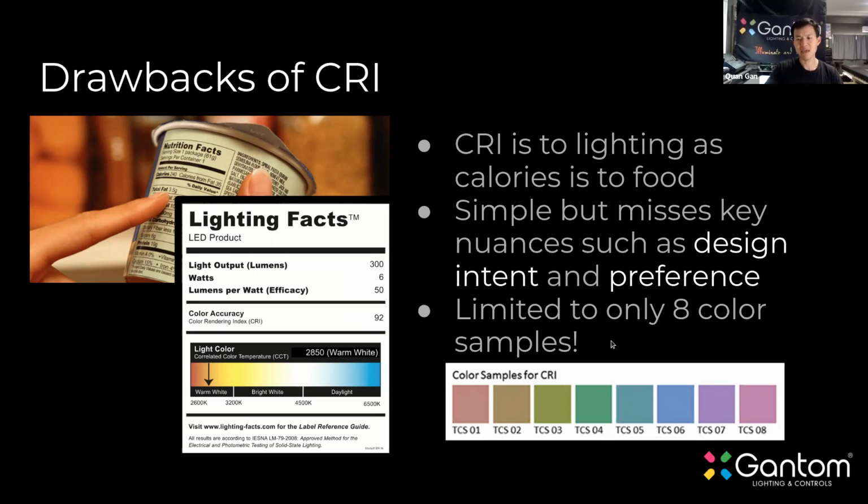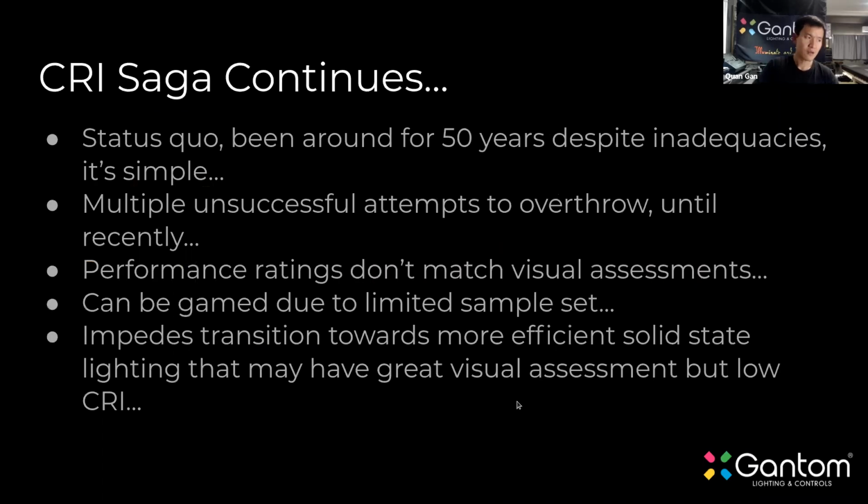So you only have 8 samples trying to represent all the different colors that you would possibly have as subjects. So CRI has a bunch of issues. It's been around for the longest. It's a simple number. That's why it's been around, and it's been really difficult to overthrow. There have been multiple attempts at finding better ways of measurement, but they've not been successful until recently.